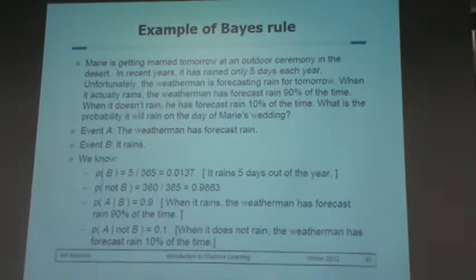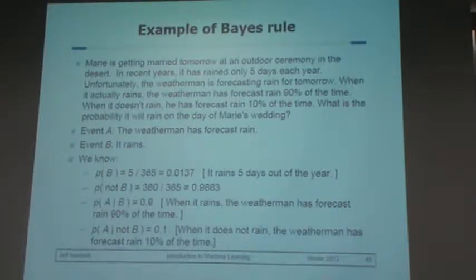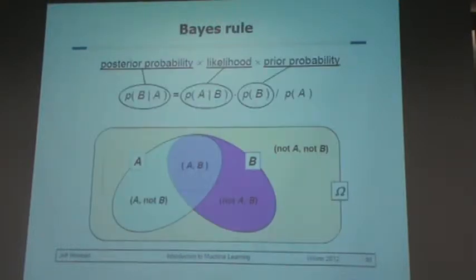We don't know that value. However, using this rule, P(B|A) can be derived from P(A|B). We know P(A|B) is 90%. And also, we know the chance of the rain and the chance of the forecast, right?